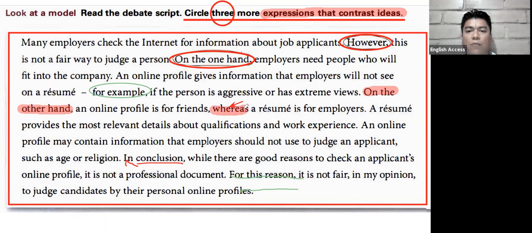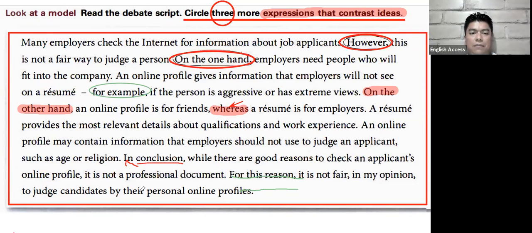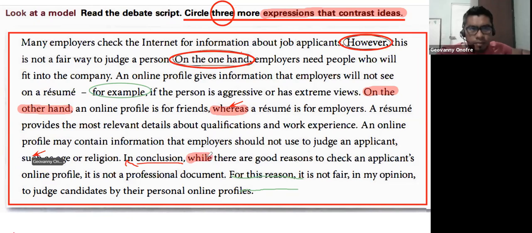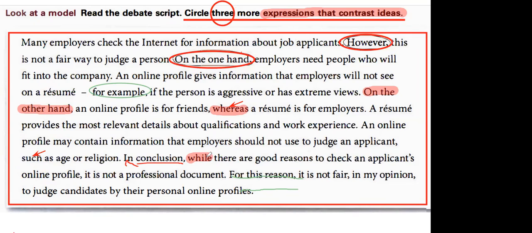And 1 more. While. Where is it? After in conclusion. Such as. Nope. Such as is not a contrasting expression. Okay. For example. For example is not a contrasting expression.